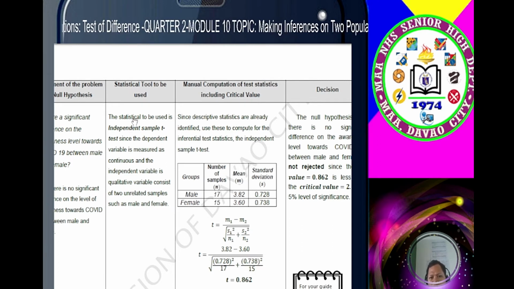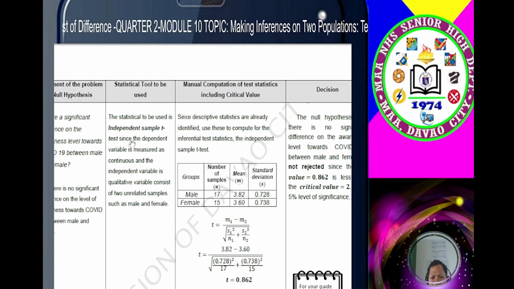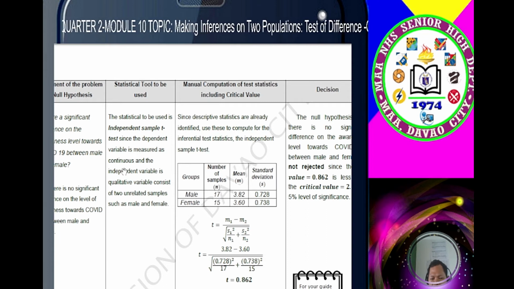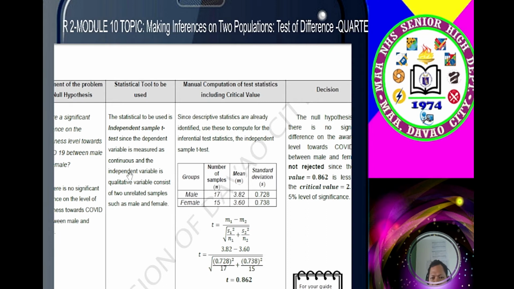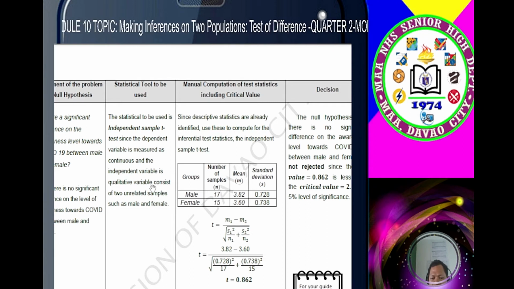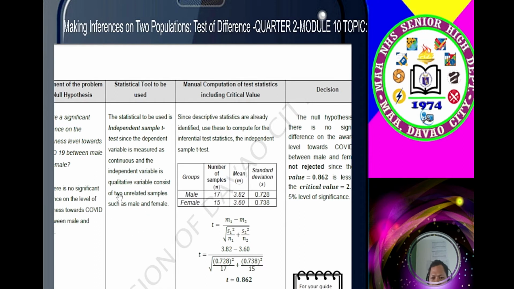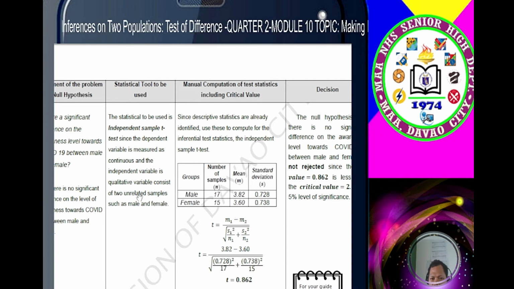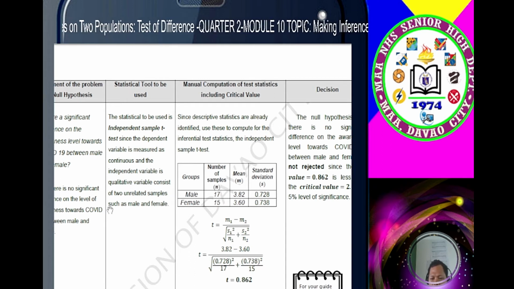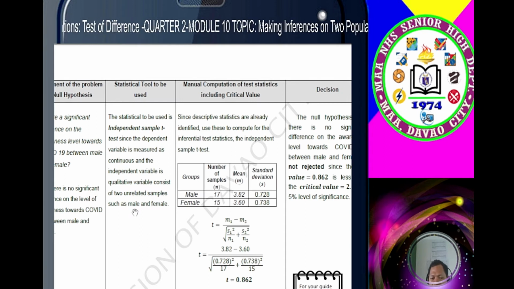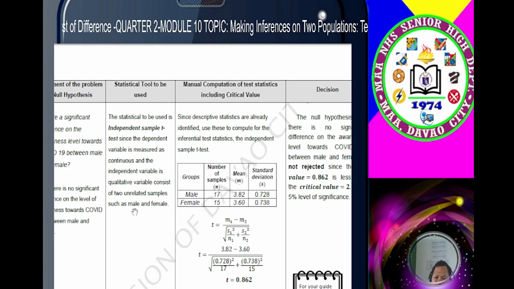The statistical tool to be used is the independent sample t-test, since the dependent variable is measured as continuous and the independent variable is categorical data, which is unrelated samples, so it's gender, male and female. That is your clue on how to decide whether to use the independent sample t-test or the paired sample t-test.